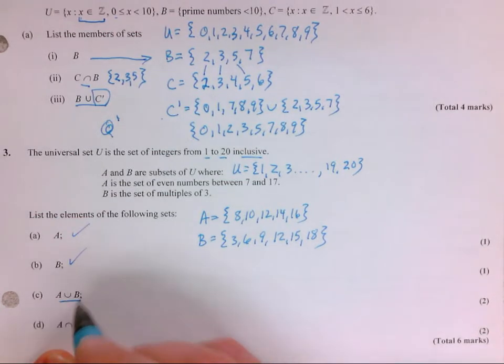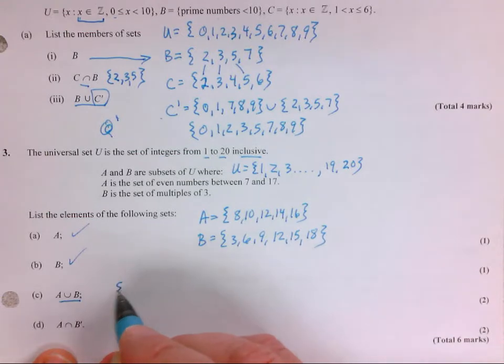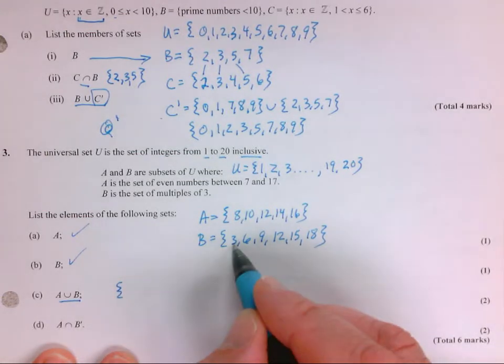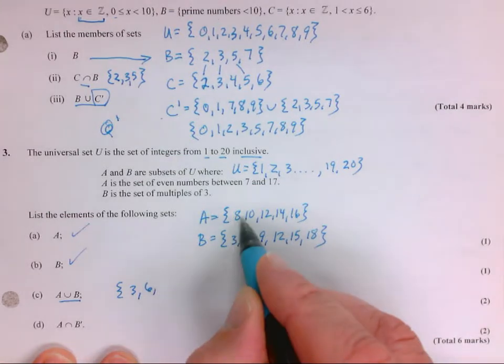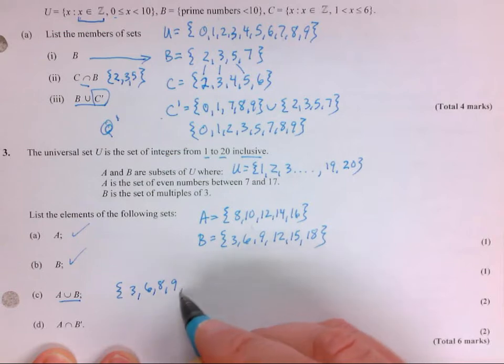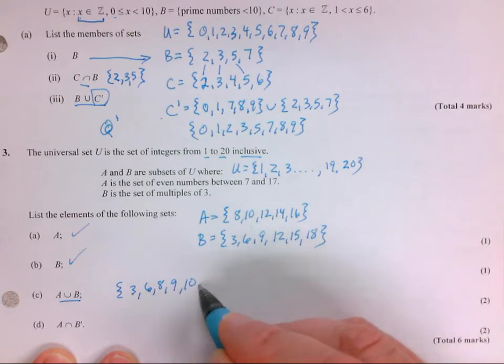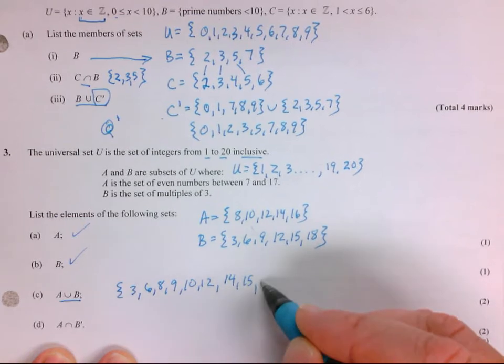A union B. That's everything together. So I'm just going to start with the smallest number, 3, 6, 8, 9, 10, 12, 14, 15, 16, 18.